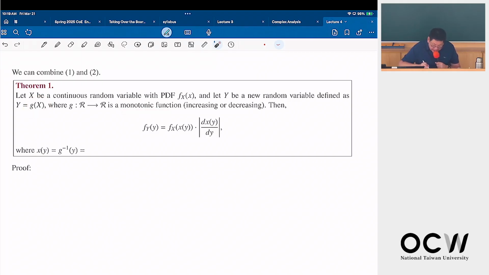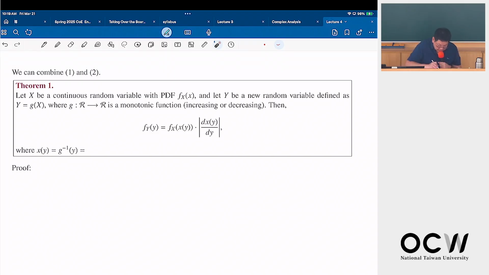It could be either increasing or decreasing. Then we have this formula for the PDF of y: the PDF of x times the absolute value of dx over dy, which we can call a Jacobian.